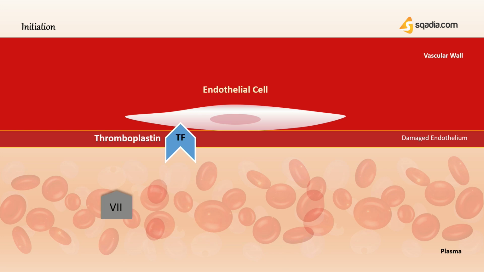You can remember this by our lucky number 7. Now, it binds to this tissue factor and results in the activation of this factor, thus making a complex with this. Just imagine these two getting together and starting a business or forming a partnership.